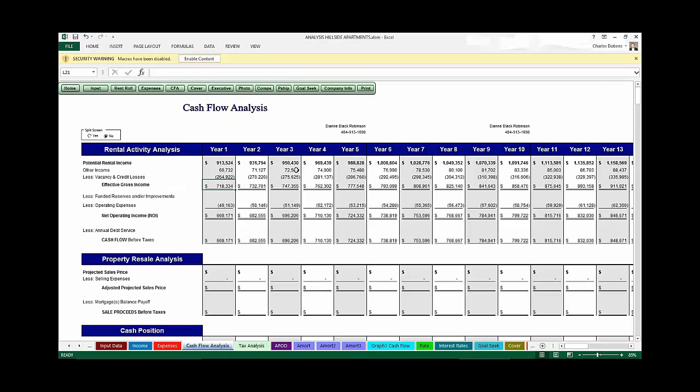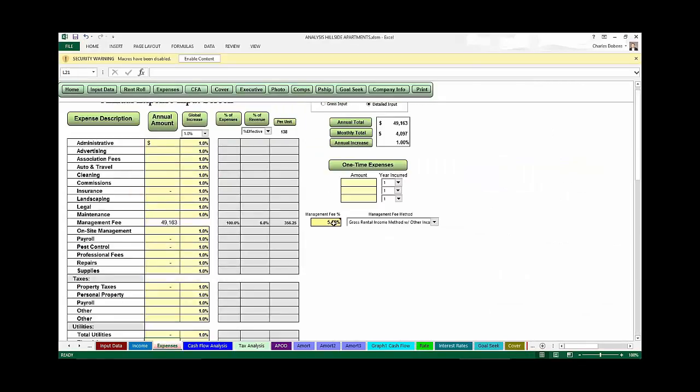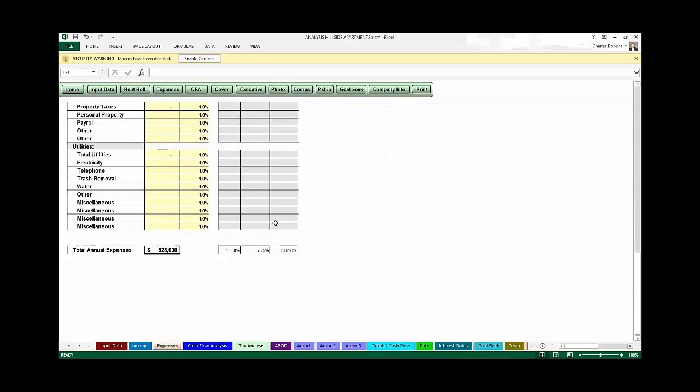I'll jump back over here, and under the expenses, I'm going to give myself one line item. 528,000. And when I put that number in there, the number that I then look down here is at 73.5%.